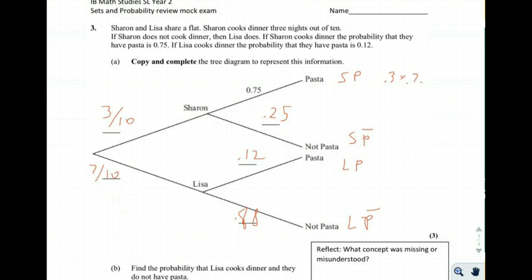So this is going to be 0.3 times 0.75, which is 0.225. And this one is going to be 0.3 times 0.25, which is, I'm sorry, 0.075. Okay. And then this one's going to be 0.7 times 0.12, which is 0.084.